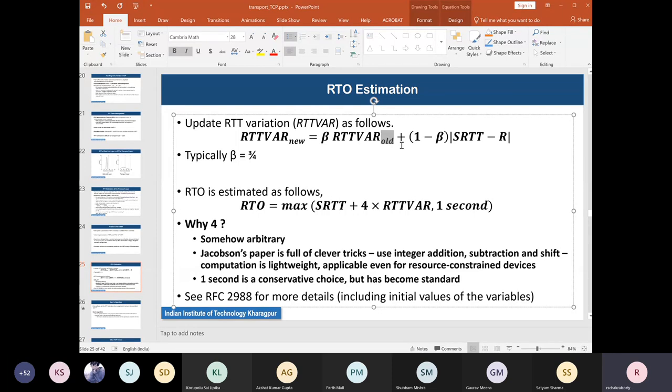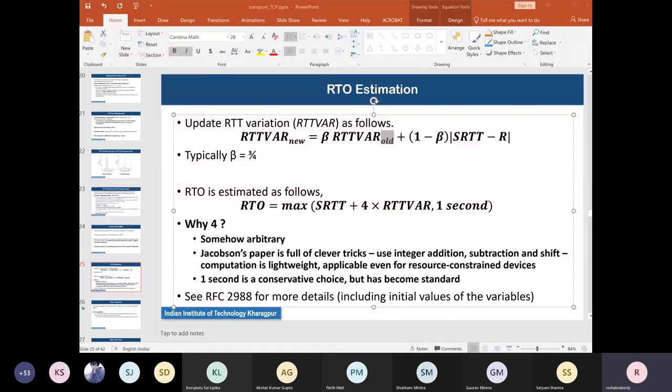But what about the absolute value of SRTT minus R? This is in no way variance. This is neither variance nor standard deviation. Another question is why suddenly it is 4 multiplied by RTTVAR? This is also questionable. Why are you measuring the deviation to be 4 times this metric?